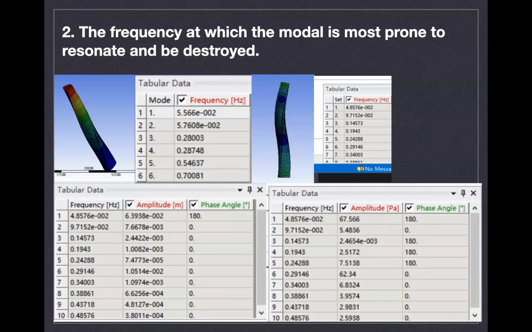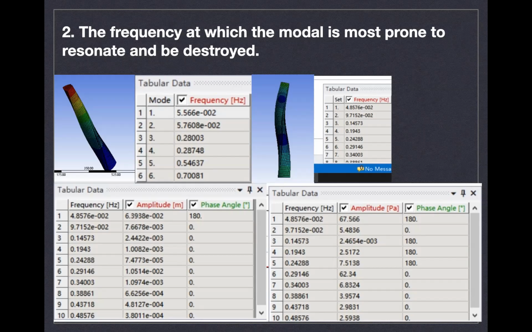Let's see the two sets of data. We can find that several sets of frequency data are similar. For example, the frequencies of mode 1 and mode 6 in the harmonic response analysis are similar to the frequencies in the modal analysis. To be specific, 0.048 is close to 0.05566.